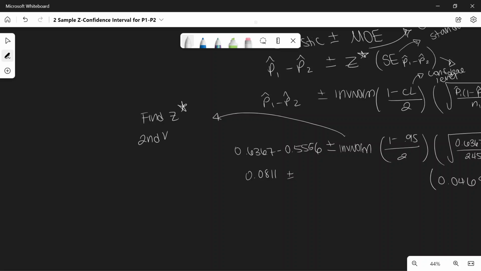Second vars, 3, which is inverse norm, and then you just plug in those values. You just do 1 minus 0.95, divided by 2. So second vars 3, parenthesis, 1 minus 0.95, parenthesis, divide by 2, and parenthesis.